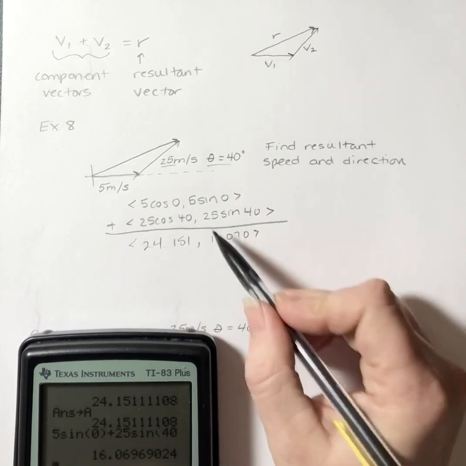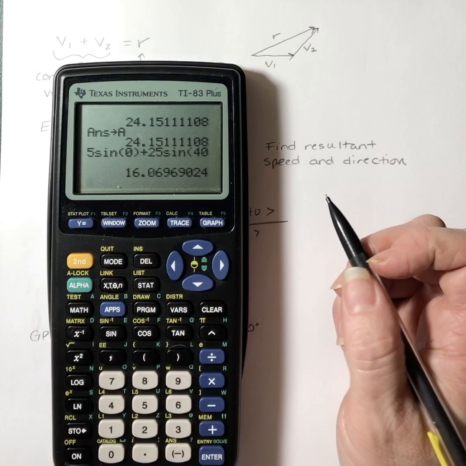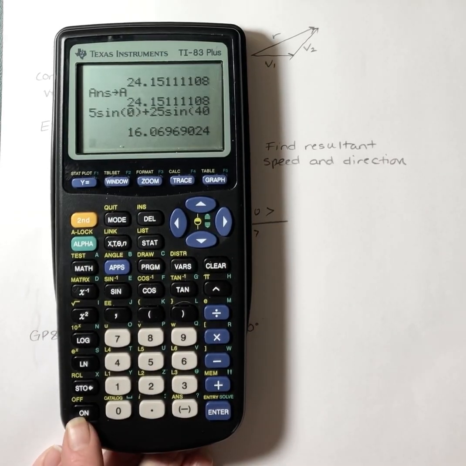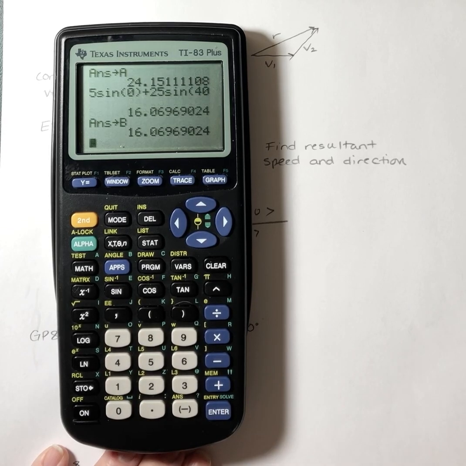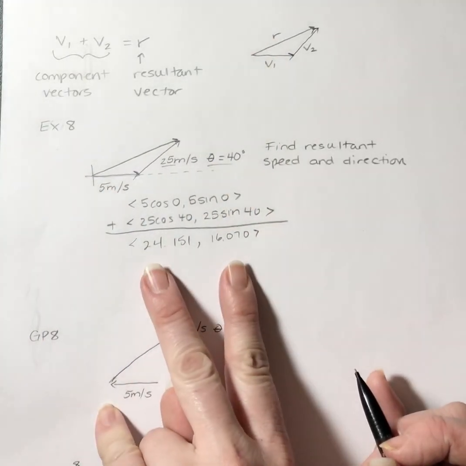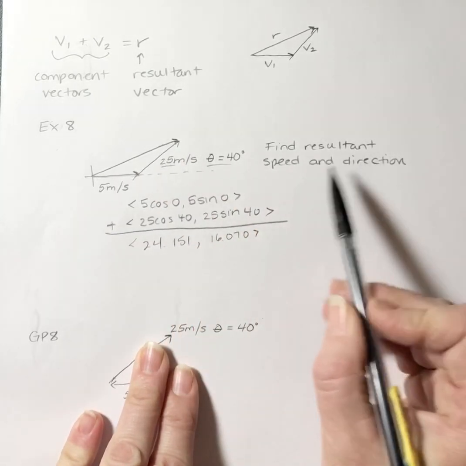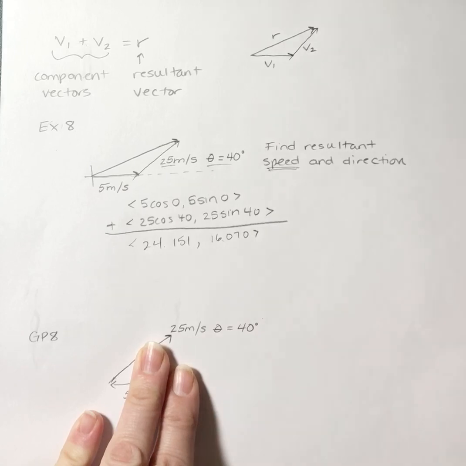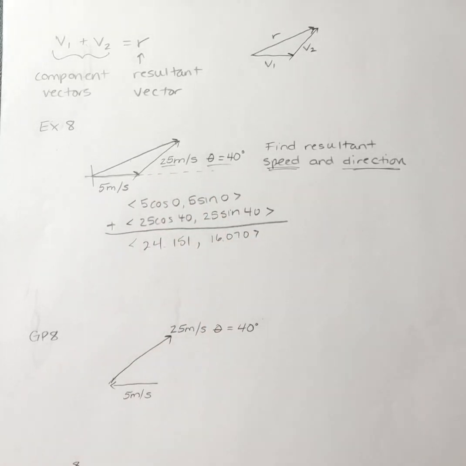And I'm going to store this as B. So I'm going to go down here to my store button and store this as B. So there is my resultant vector. I need to know the speed, which is my magnitude, and the direction of that vector, okay?